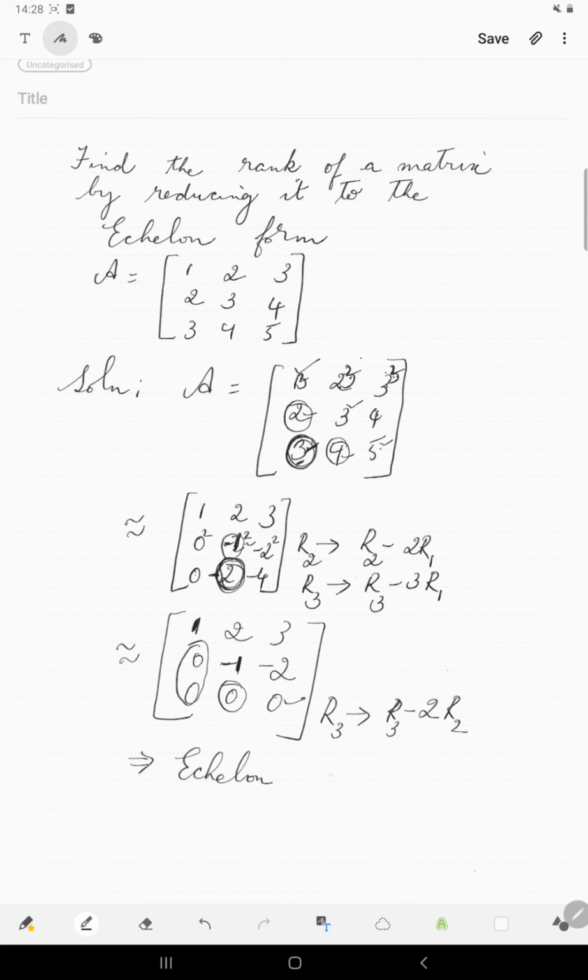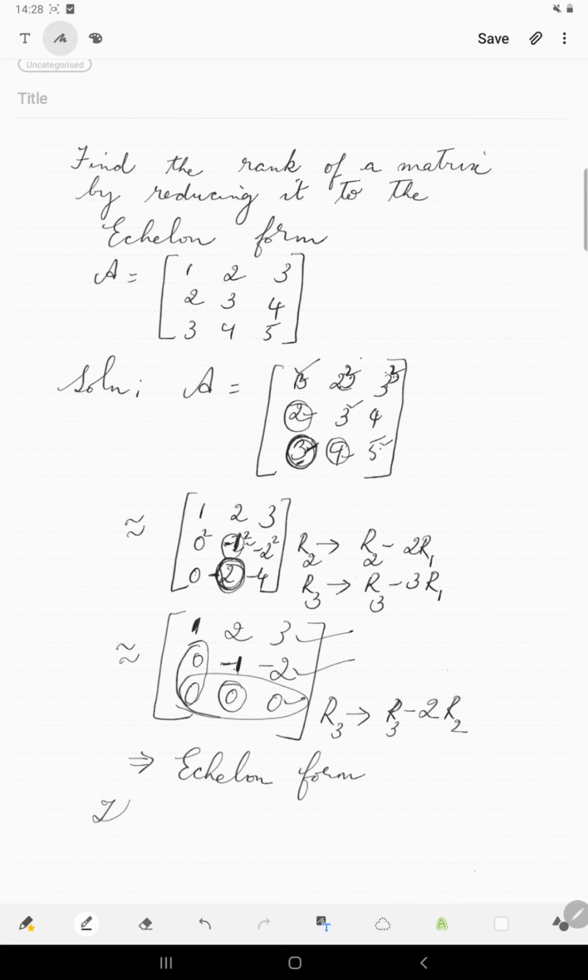This has reached the echelon form. How many non-zero rows are there? See, this row is completely a 0 row. This is a non-zero row. This is also a non-zero row because there are two non-zero numbers here.